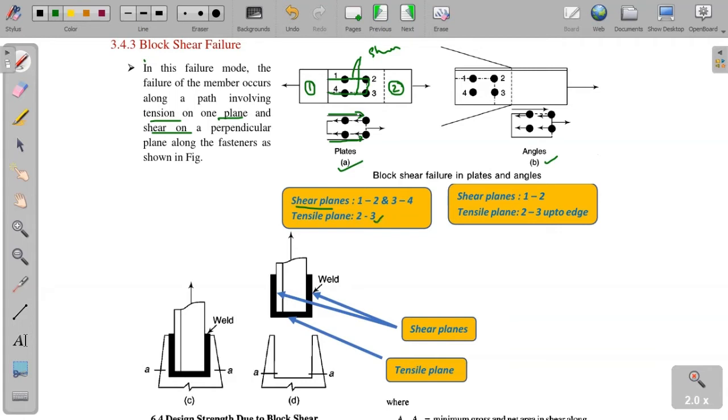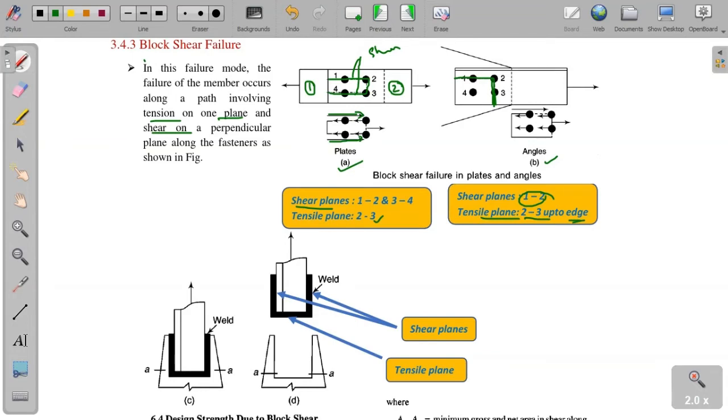But in case of an angle section, the failure plane is going to be this way. This is how it is going to fail. So only 2 planes are there: 1-2 will be the shear plane, and 2-3 up to the end of this angle section is the tension plane.